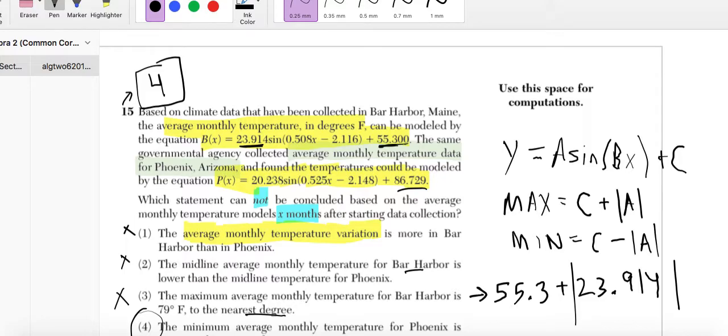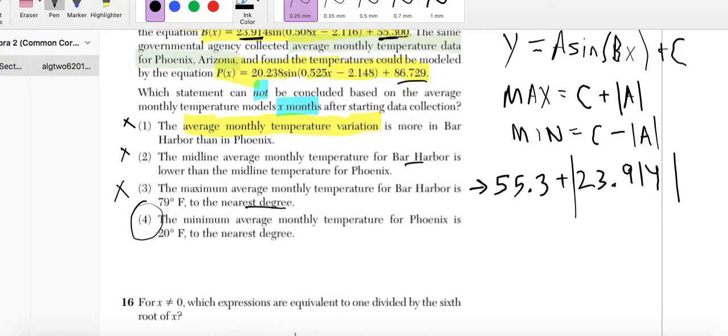But let's just make sure choice 4 cannot be concluded. The minimum average monthly temperature for Phoenix, so remember it's the midline, that's 86.729, minus the amplitude, which is the absolute value of 20.238, which is just 20.238. They're saying the minimum is 20 degrees Fahrenheit to the nearest degree.